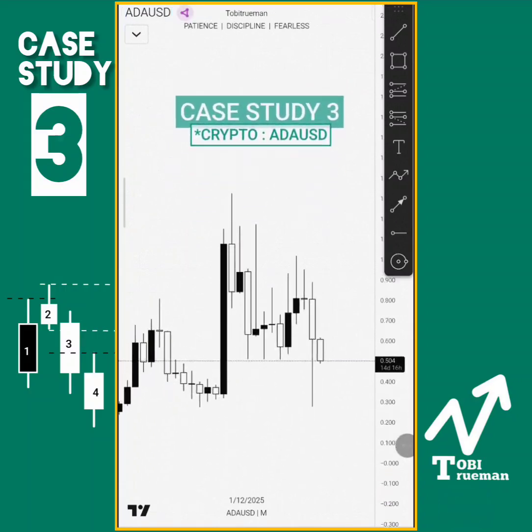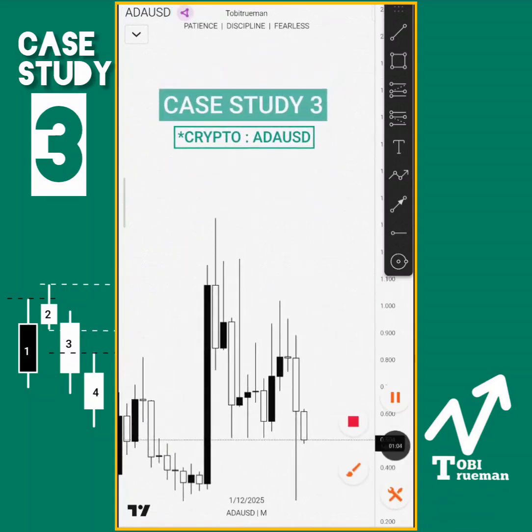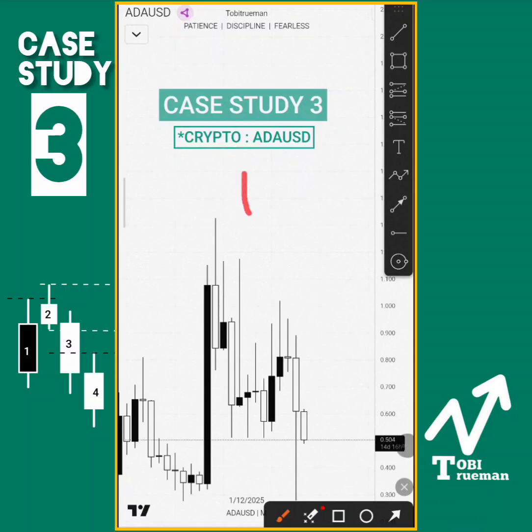Before we go there, you will notice that in all of these trades, our signal for entry is all about looking for a candlestick formation, whereby this is the first candlestick, the second candlestick, and then the third candlestick.